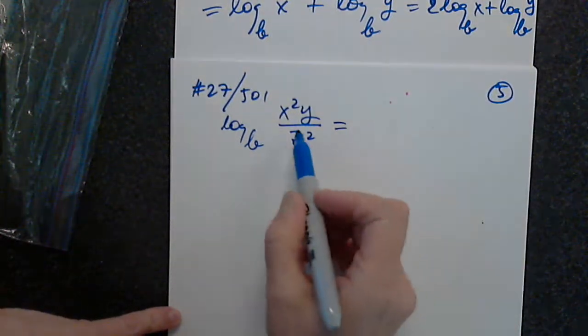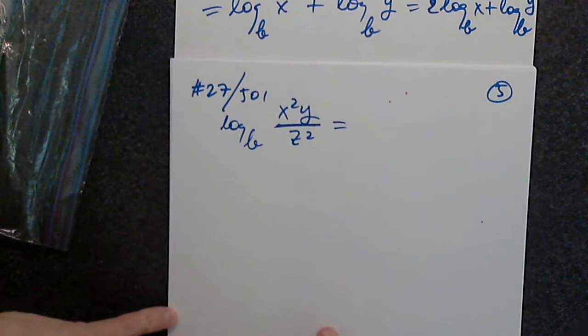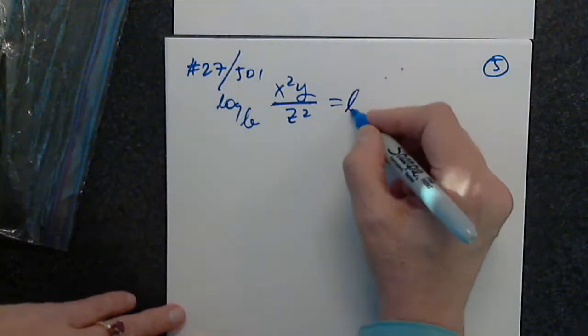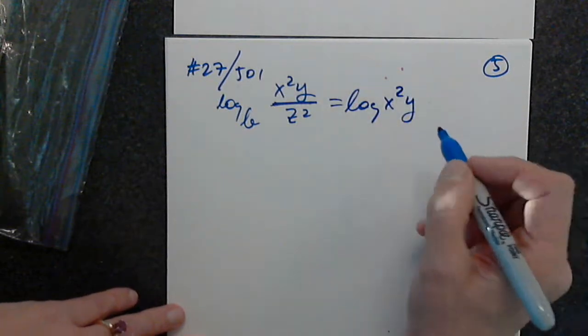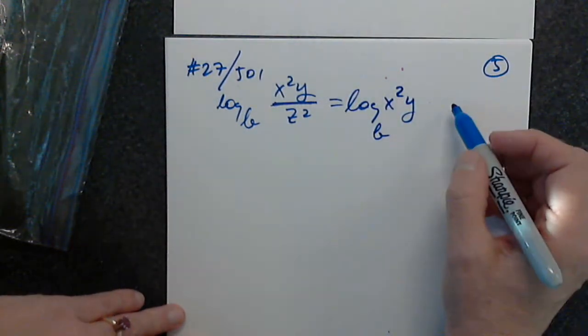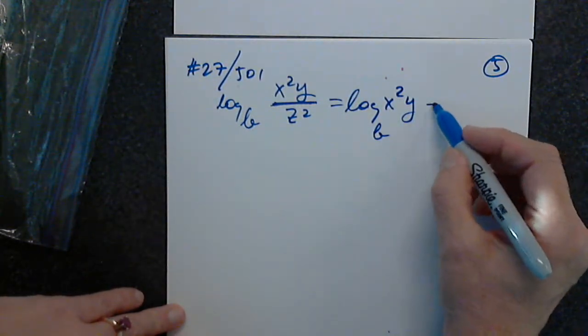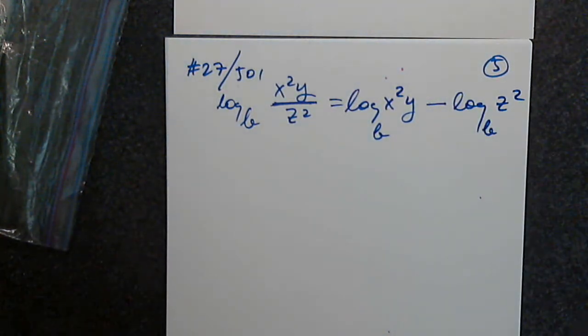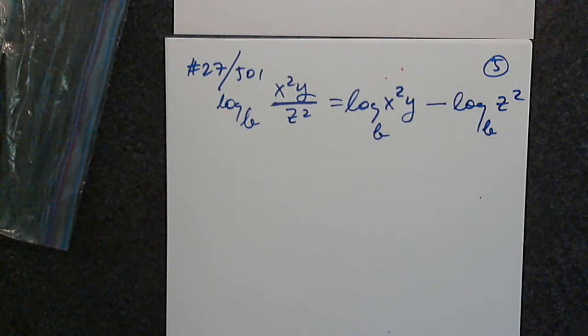Okay, first we have to apply the quotient rule. What does it say? It says log of the top in base b, then minus, very good, log base b of z squared, exactly. Exactly what we were expecting.